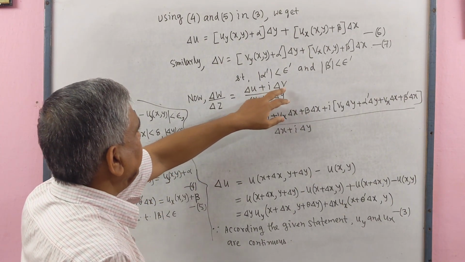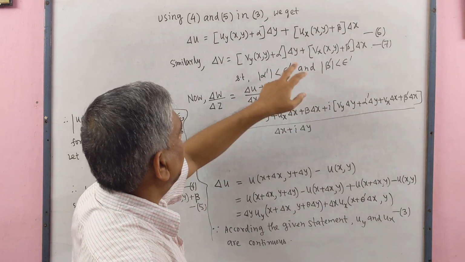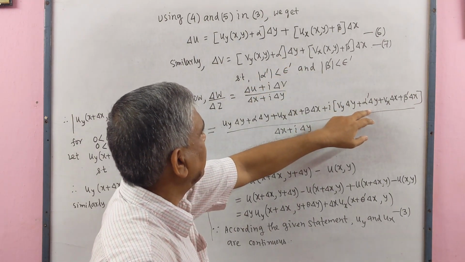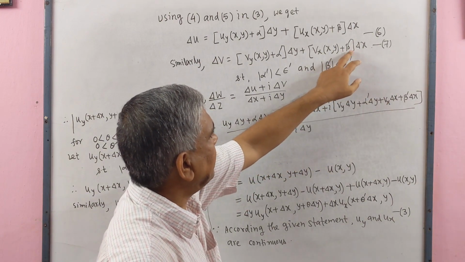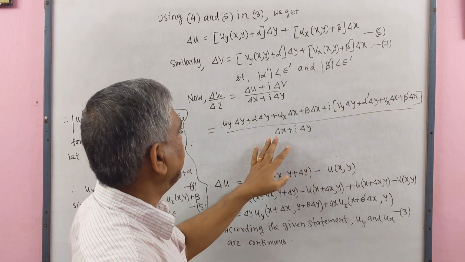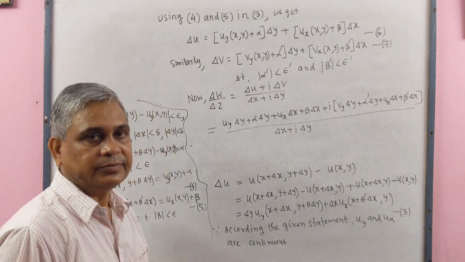Similarly i delta v: vy delta y plus alpha' delta y, vx delta x plus beta' delta x, all over delta x plus i delta y.